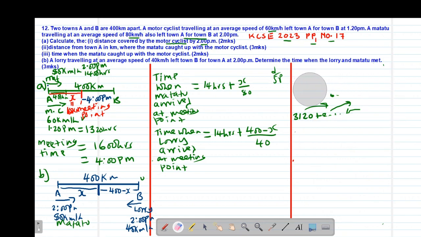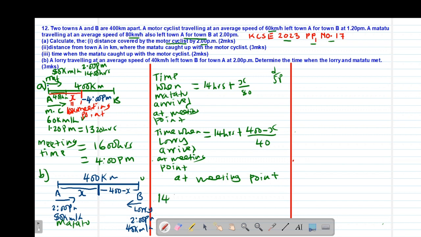At the meeting point, the clocks of these two drivers should be reading equal time. So at the meeting point, the clock for the Matatu driver, which is reading 14 plus x over 80, must be equal to that of the driver of the lorry, which is 14 plus 400 minus x over 40.